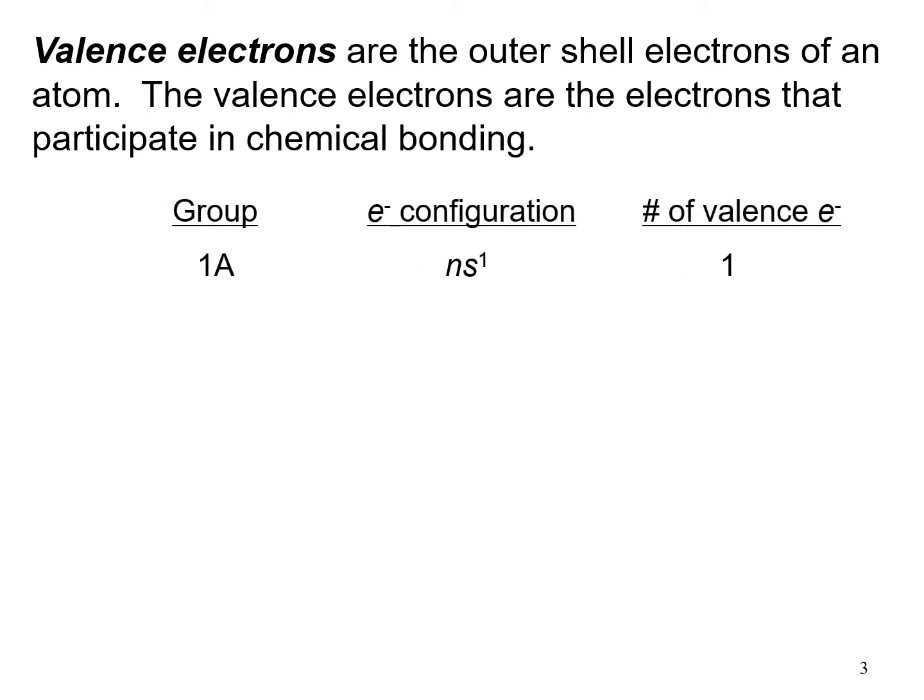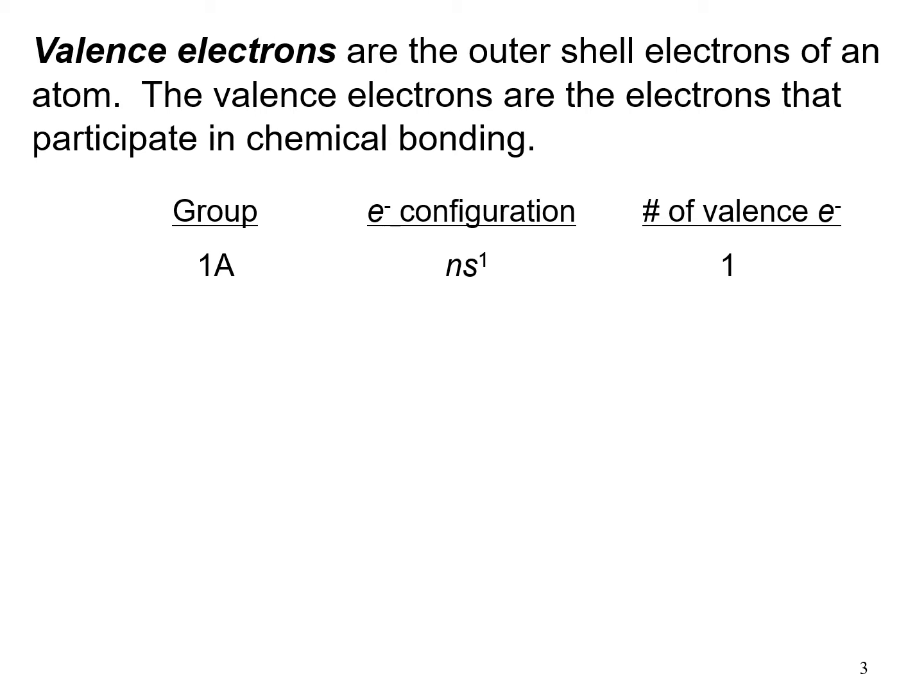But because elements within the same family or group have the same number of valence electrons, we can write a general electron configuration. And you are responsible for being able to write these configurations.